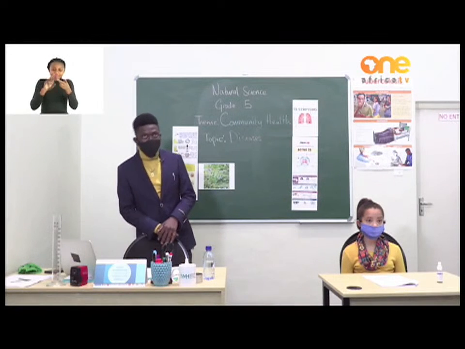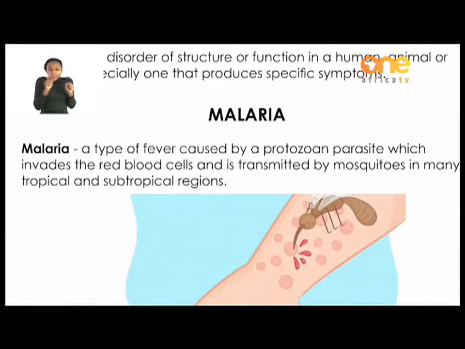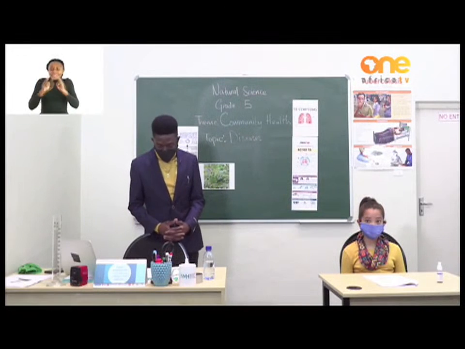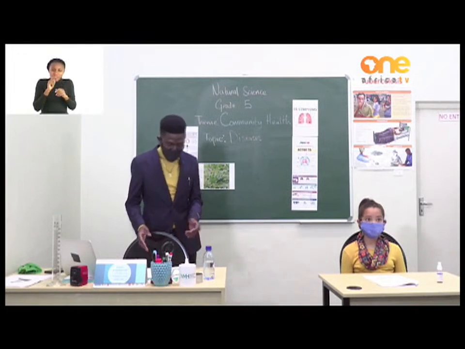Let us look at malaria. What is malaria? Malaria is a type of fever caused by protozoan parasite which invades the red blood cells and is transmitted by mosquitoes in many tropical and subtropical regions. Okay, we'll not go into detail to explain what is malaria further.